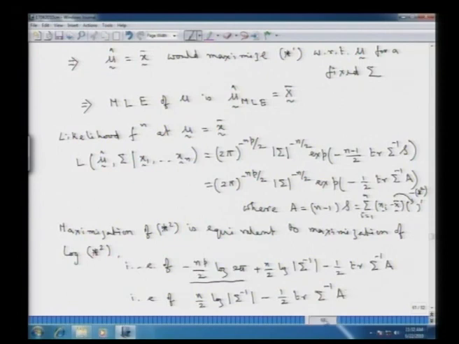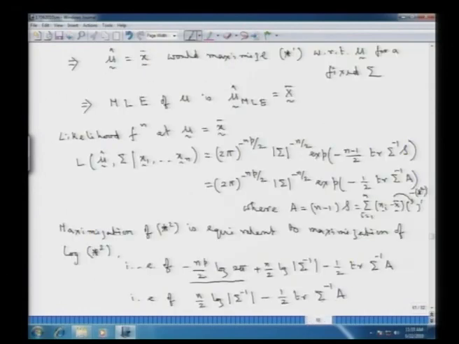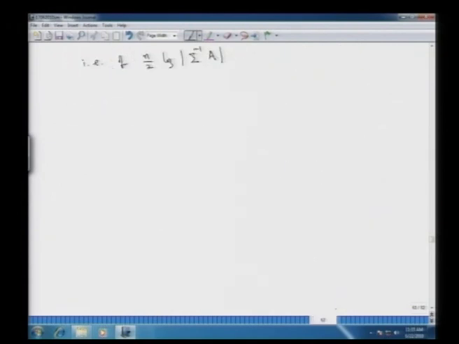Now, we will do a bit of adjustment here, that is of n by 2 log determinant of sigma inverse A. What we have done is we have introduced an A in order to have a similar expression to what we have on the trace. A is a matrix which does not depend on sigma, so that is not going to matter much.